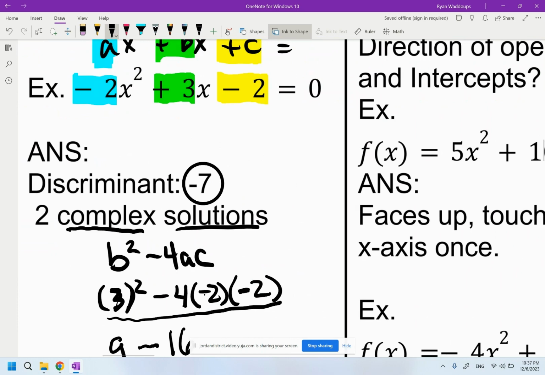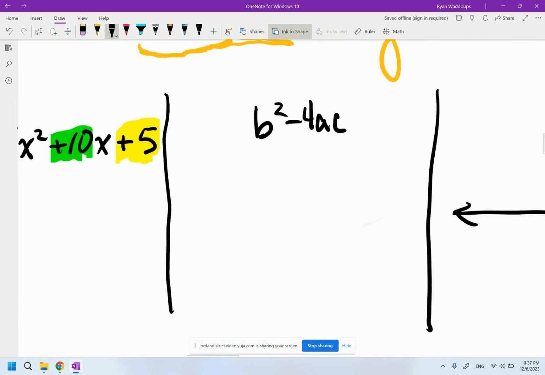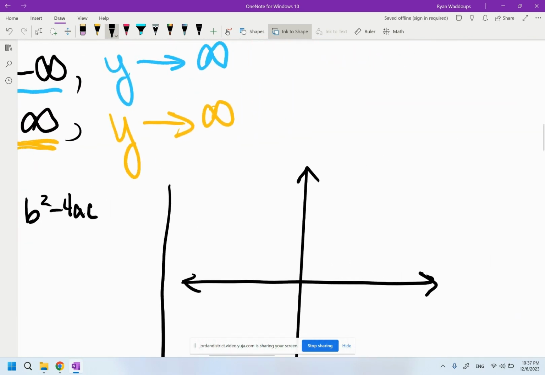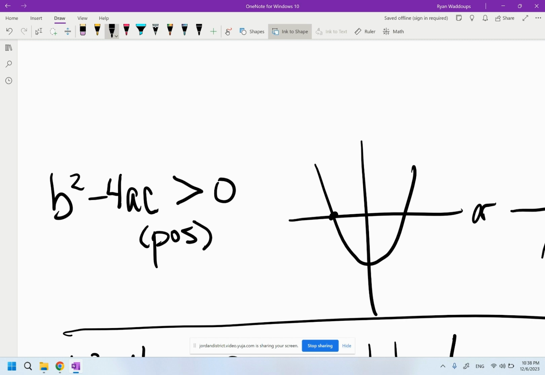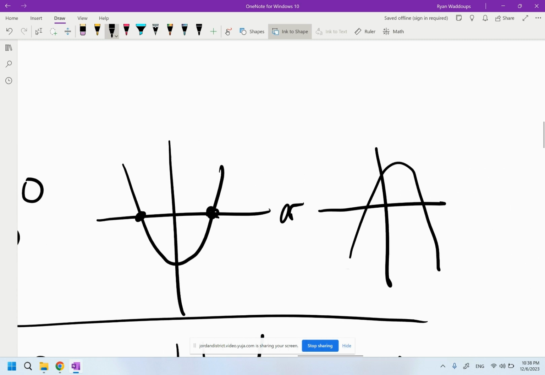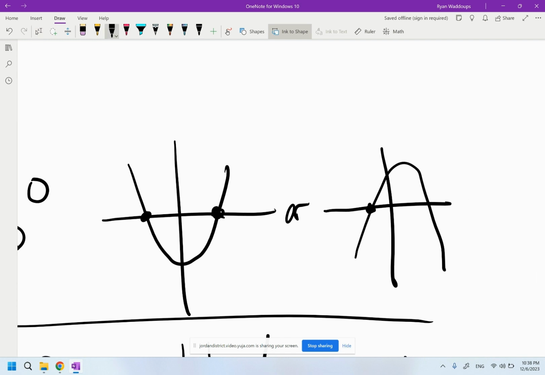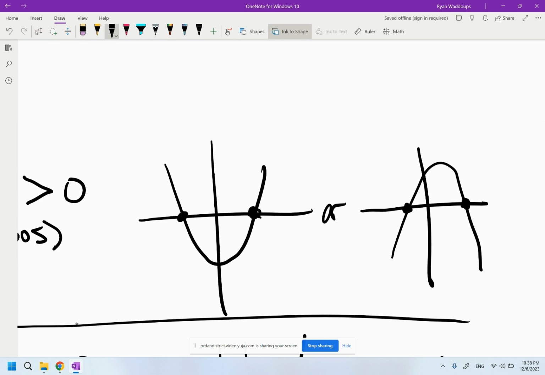So this is what we have. If b squared minus 4ac is greater than 0, which is another way of saying if it's positive, then you're going to have a situation like this where it touches the x-axis in two different places, or it could be downward facing, touches the x-axis in two places, and so this would be two real solutions.